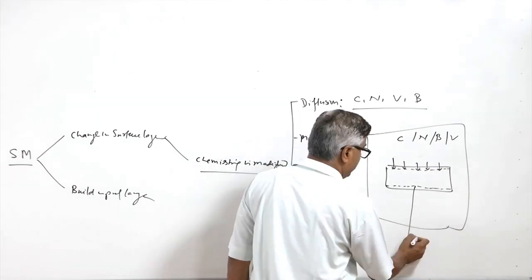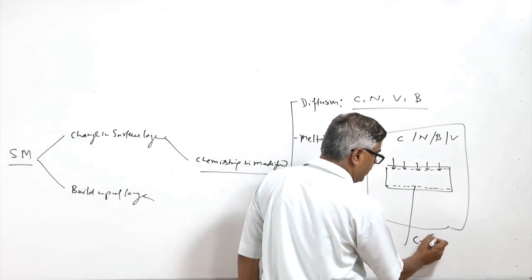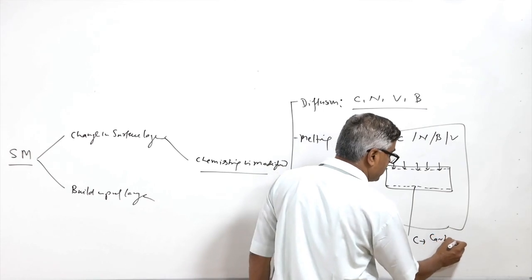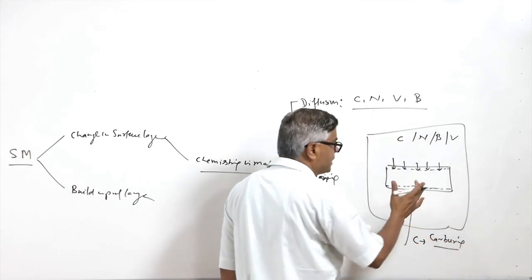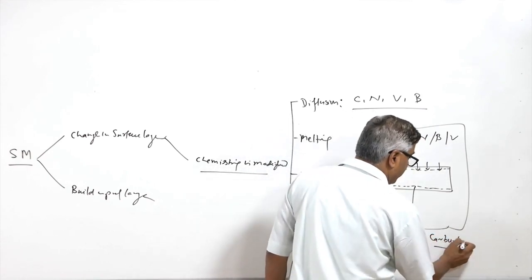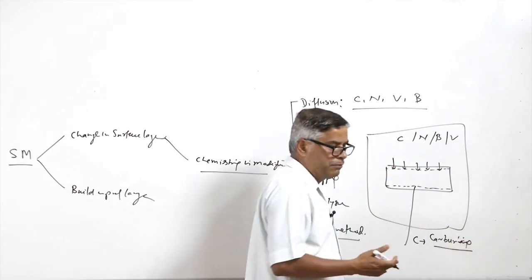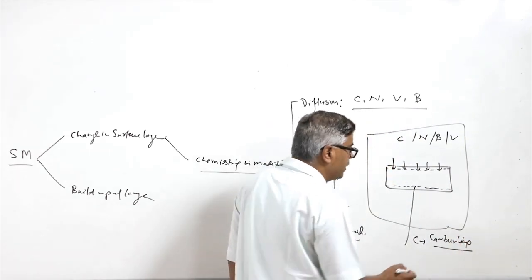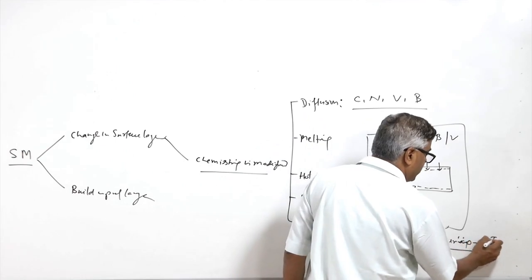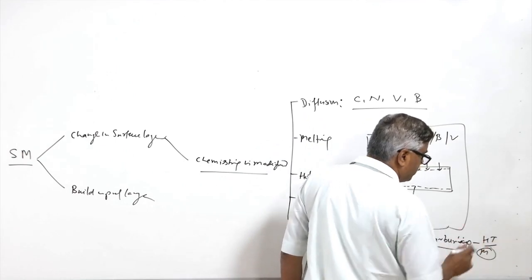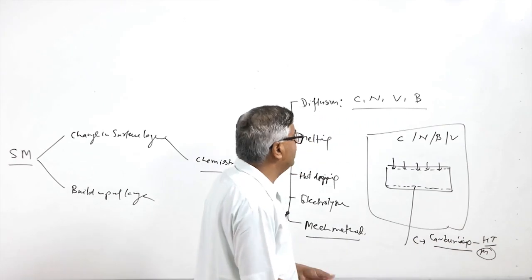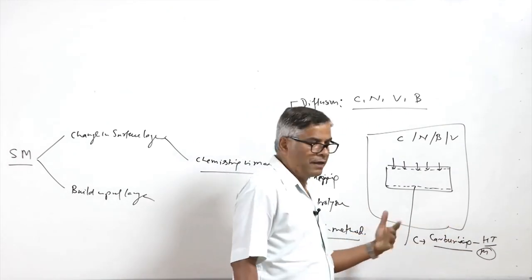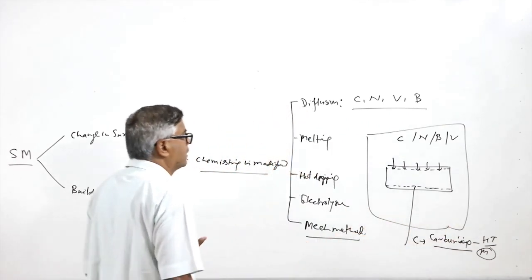For example, if we are introducing carbon, commonly known as the carburizing process, here the carbon is enriched, but just enriching carbon may not help to increase the hardness. We need the heat treatment for martensitic transformation, so the surface layer can be hardened, otherwise it can simply form iron carbide or other carbides.